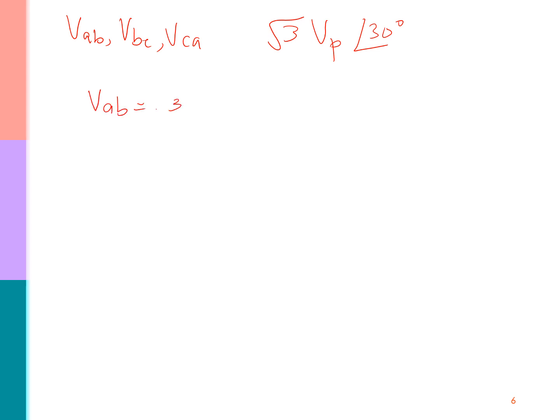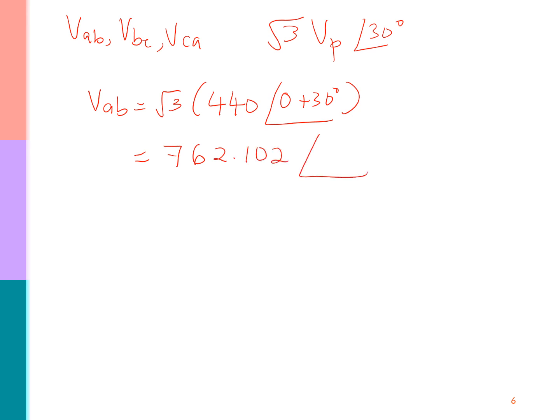For the line voltage, which is VAB, VBC, and VCA, we know that the formula is square root 3 times VP with 30 degree. So VAB is equivalent to square root 3 times 440, 0 plus 30 degree. You will get 762.102 with 30 degree volt.